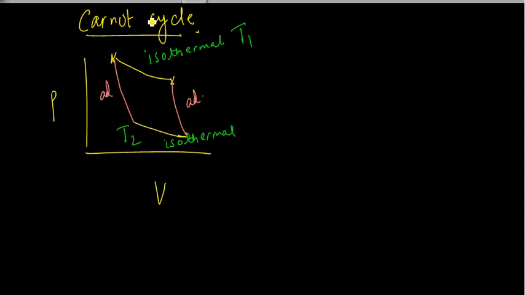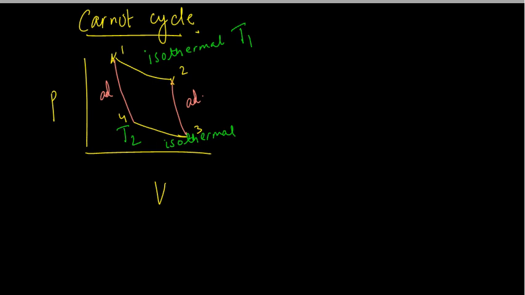So you could label them points 1, 2, 3, 4, something like that. So I have done some work in the cycle. I have expanded the gas first isothermally, then adiabatically, compressed it back isothermally, and compressed it back adiabatically.